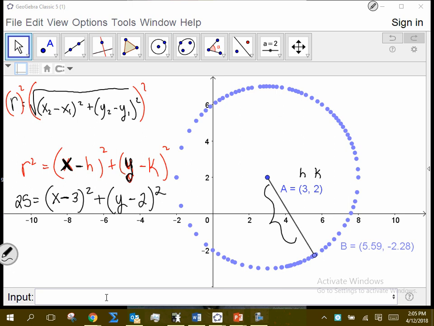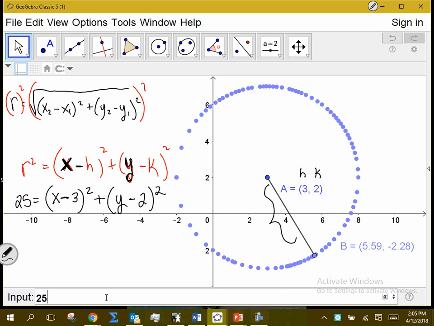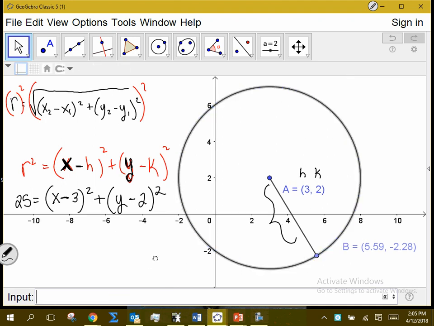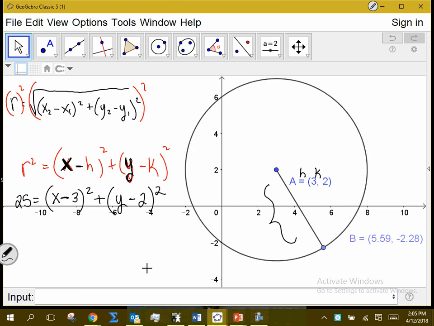Now if I write 25 equals x minus 3 squared plus y minus 2 squared, it gives me that circle. Okay? And you see then that is an equation that produces that. Does that make sense to everyone?